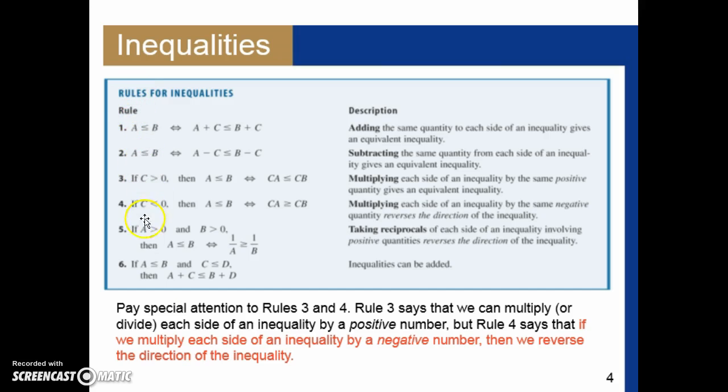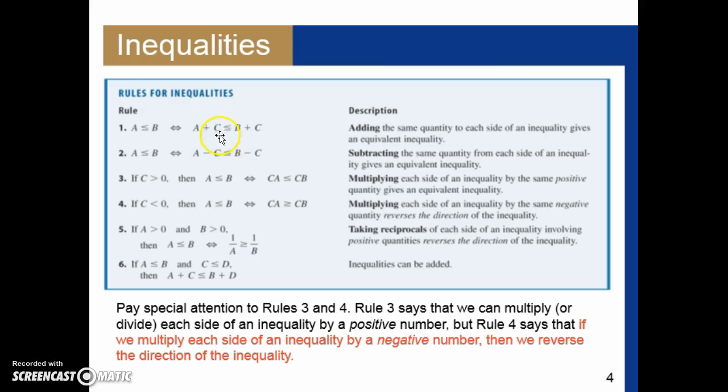So just like relationships between the equal sign and operations or values on either side of the equal sign, some of those same things hold true for inequalities as well. If we have a relationship between A and B where A is smaller than or equal to B, then I can do the mathematical operations of addition or subtraction on either side of that inequality sign, and I'm not going to change the value.